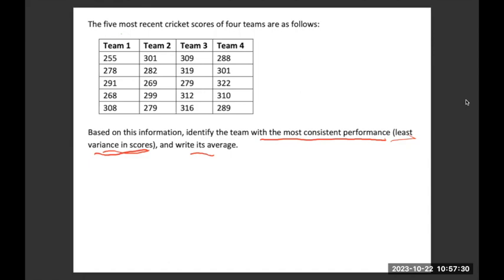Don't find the average of all the teams first. Variance is maximum minus minimum. So for a statistical question on variance, please subtract the maximum minus minimum. You'll find the team, and for that particular team, you just have to find the average at the end. The easiest thing to do.